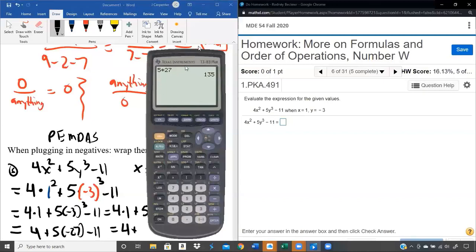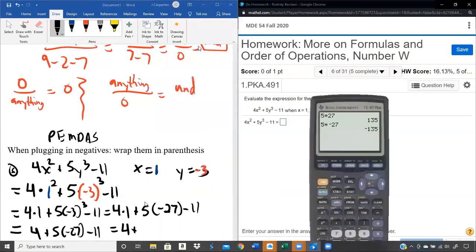That's positive times the negative, so the answer should be negative. I'll show it now. 5 times negative 27 confirms our negative 135. So that's 4 plus negative 135. Alternatively, you could have written 4 minus 135, not 4 minus negative 135, not that. 4 minus 135. Then minus our 11.